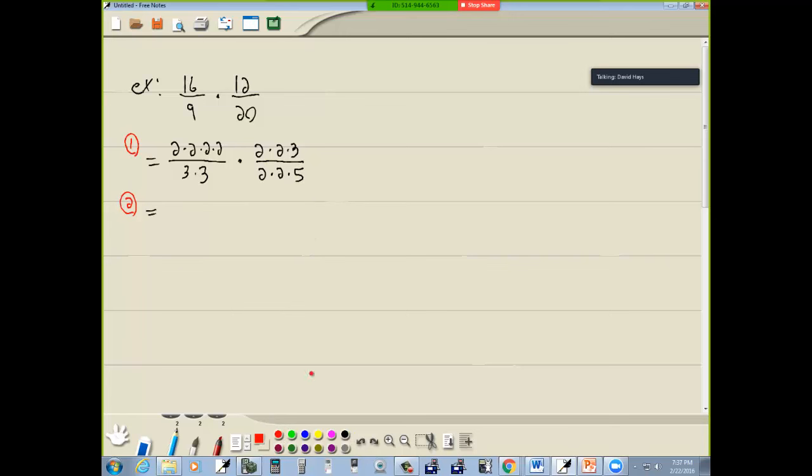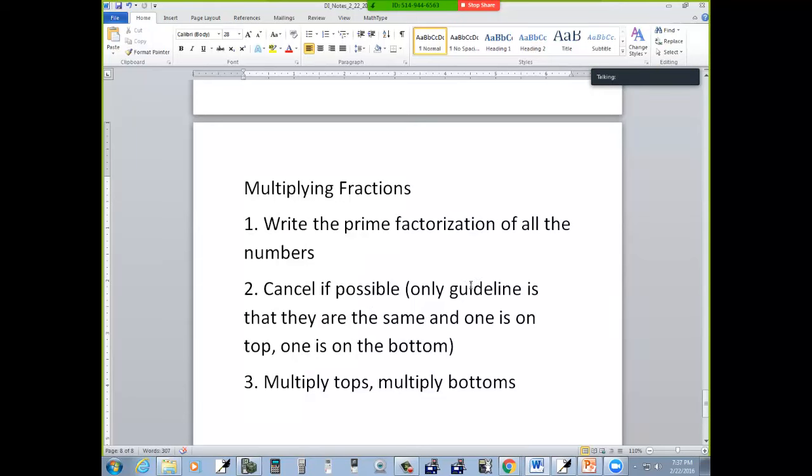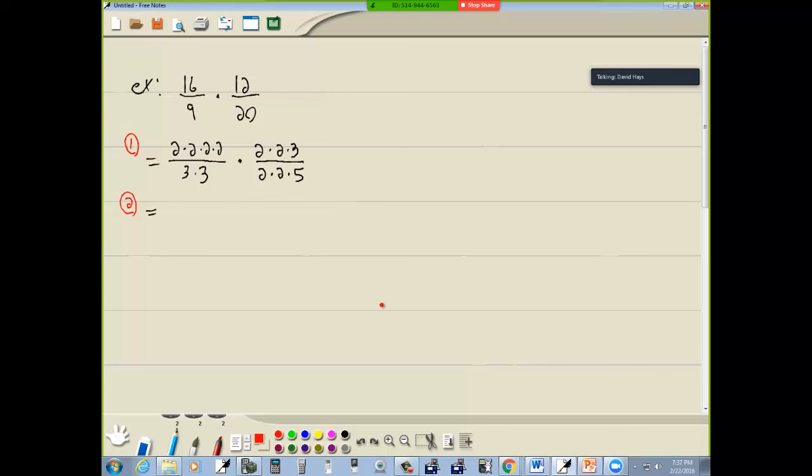Now step 2. Cancel if possible. Only guideline is that they are the same, and one is on top, one is on the bottom. So this 2 here will cancel with this 2. This 2 here will cancel with this 2. This 3 here will cancel with this 3.